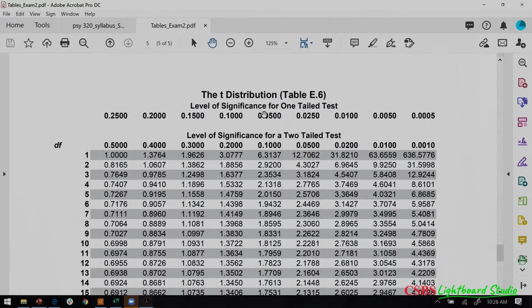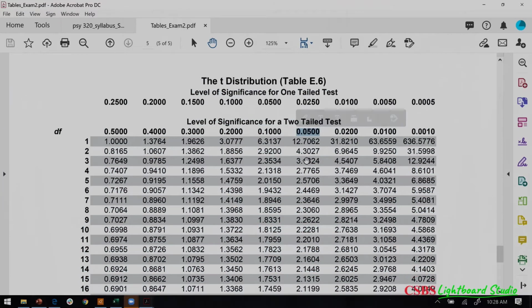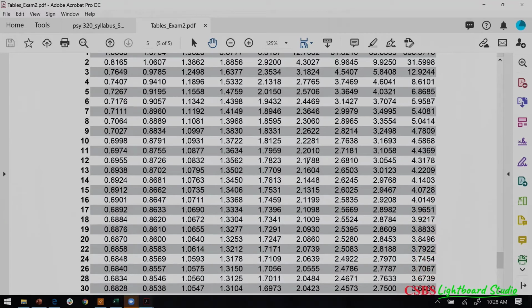And then if I'm doing it as a two-tailed test, right, so two-tailed is the second set down here. I'm going to go to 0.05, which means I'm just going to shift over one column to the right. I'm going to go down to 16 degrees of freedom here, which is 2.1199, which on the other table is 2.12. You see it got rounded.